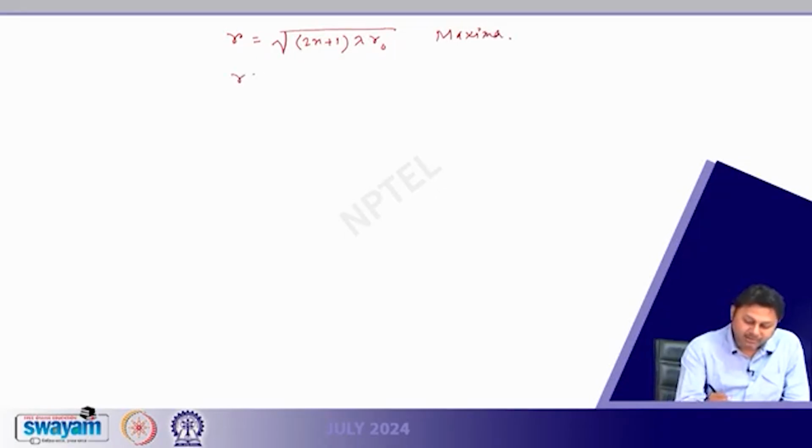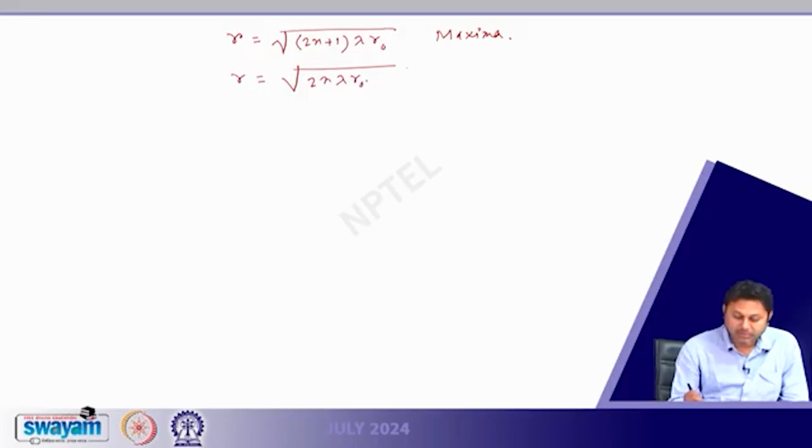And when this integer is an even number, that is 2n lambda r naught, then we have a minima here.